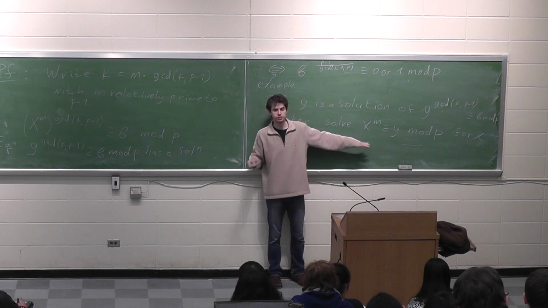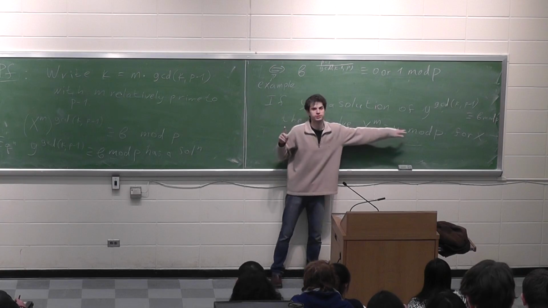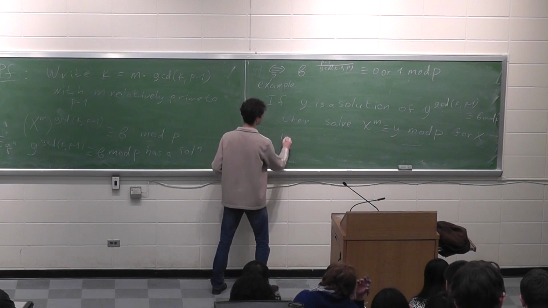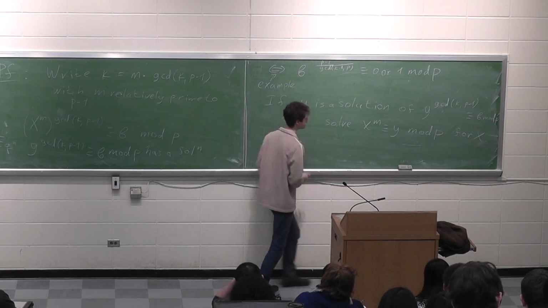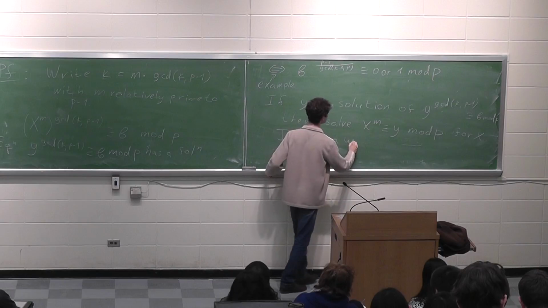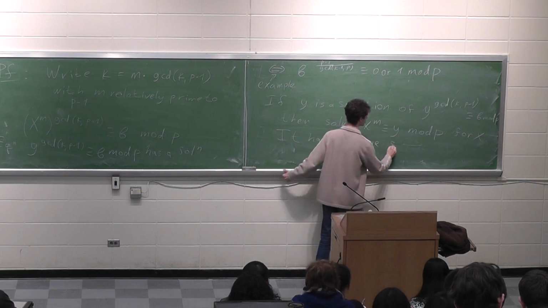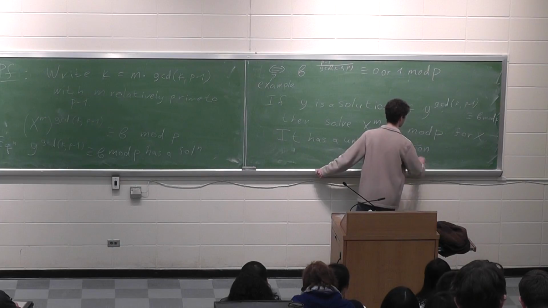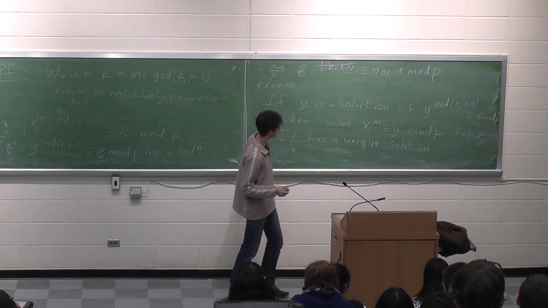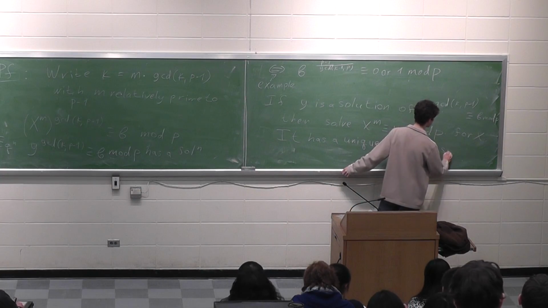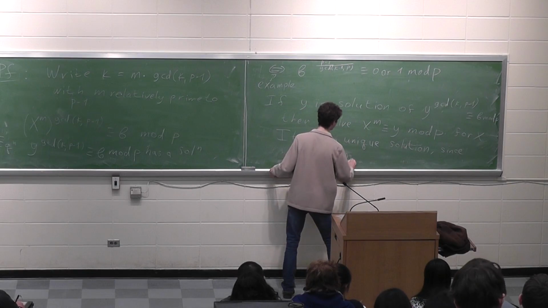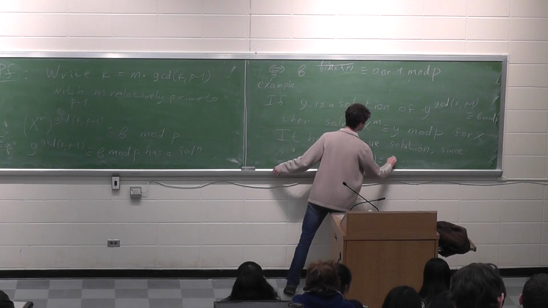And I know that this equation has only one solution, because m is relatively prime to p minus 1. It has a unique solution, since GCD of m with p minus 1 is 1.